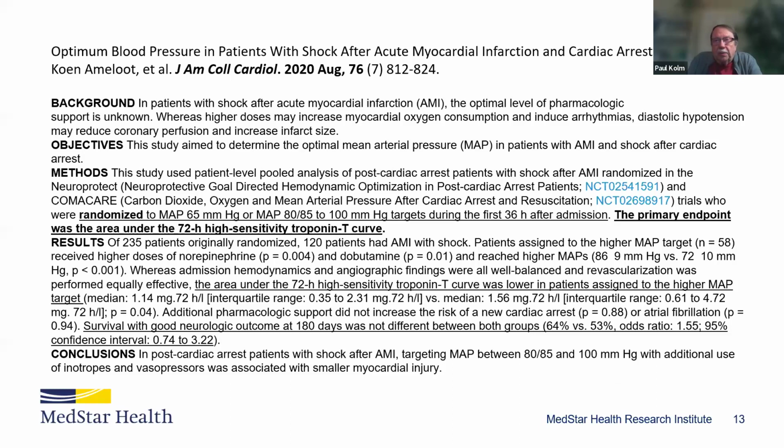And so they have an 11% difference here, 64% versus 53%. And the odds ratio of that is 1.5. So what that means is that the one group has a survival rate of which the odds are 1.5 times greater than the other one.